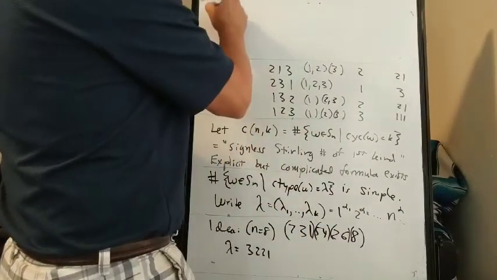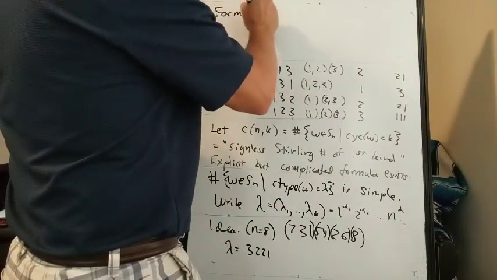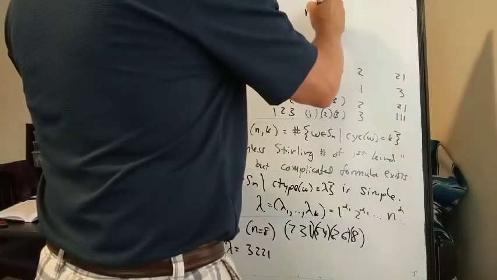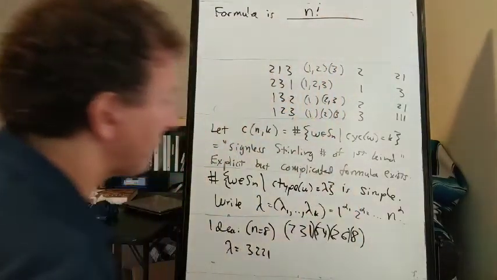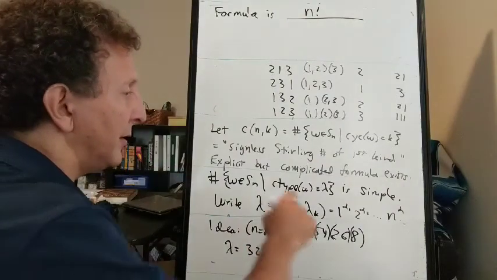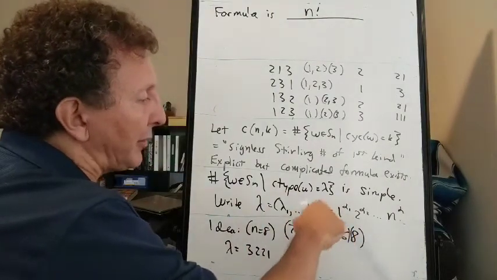So the formula is n factorial over... So we can now look at the number.